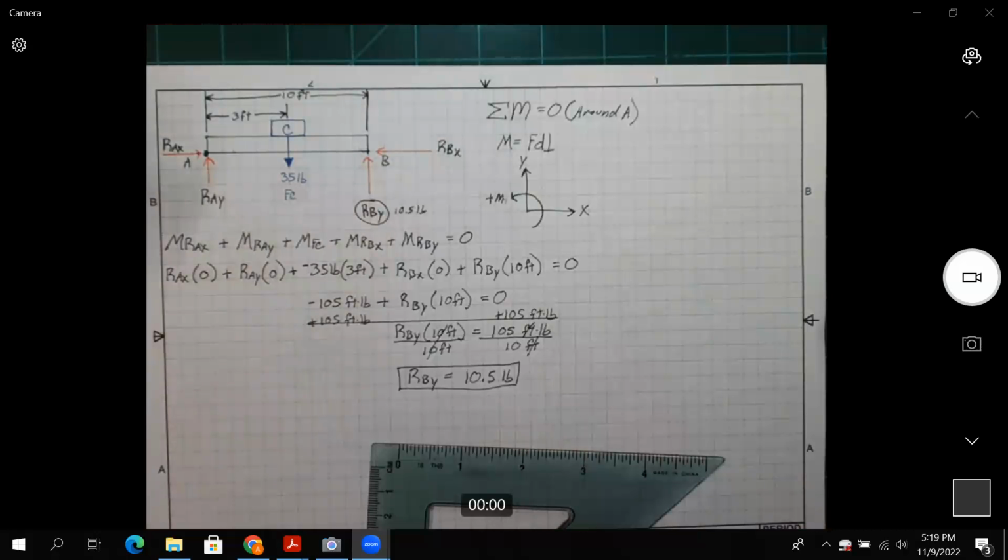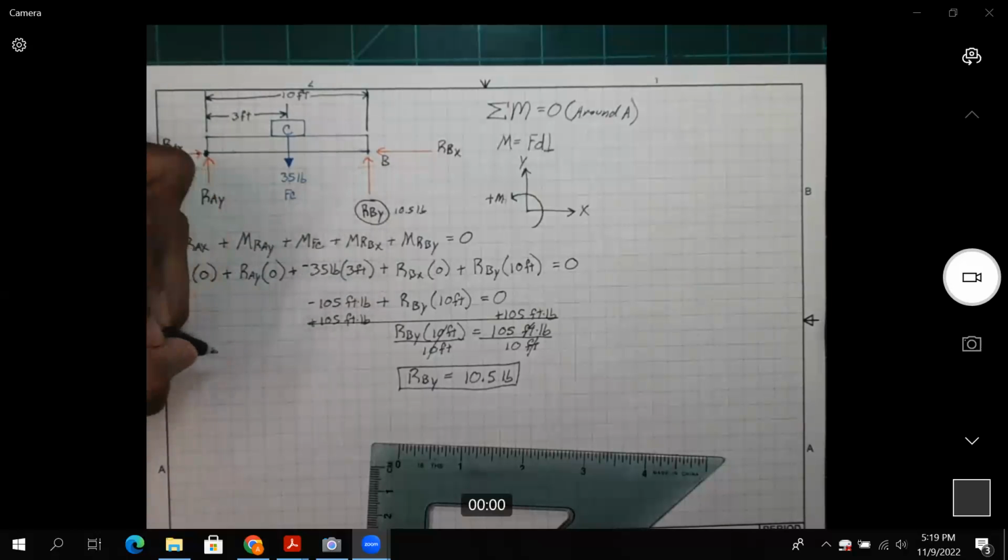So let's say we wanted to find the force at reaction AY, force AY, okay? So instead of dealing with moments, we can actually deal with forces, right?